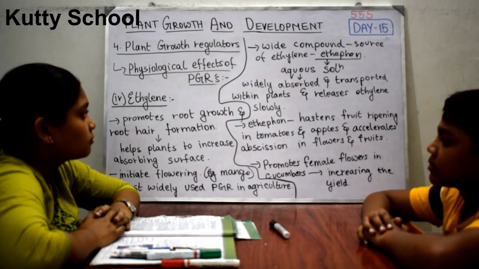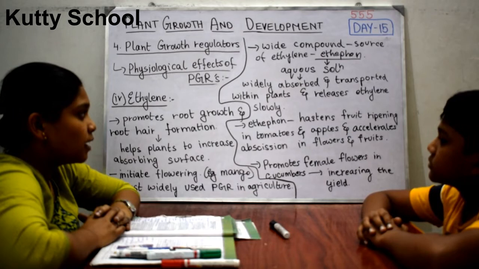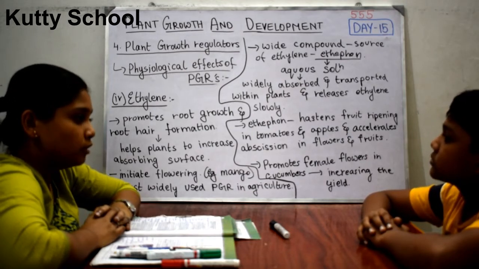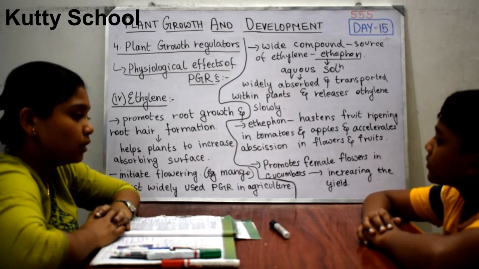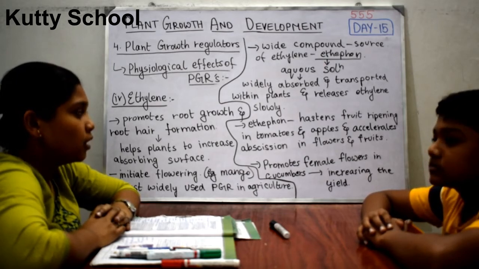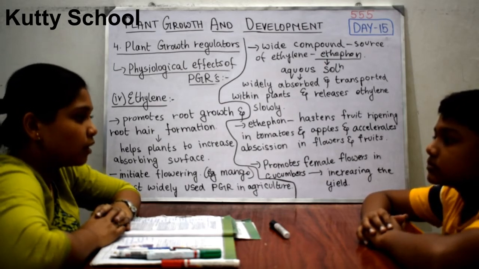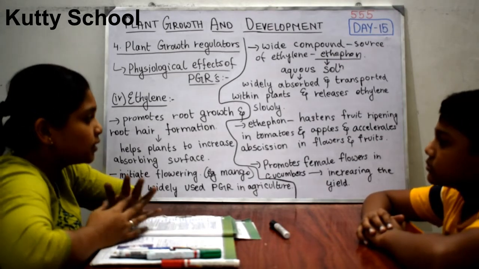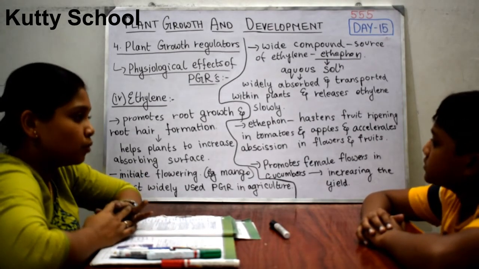It is widely absorbed and transported within the plants and releases ethylene slowly. After going into the plants, ethephon releases ethylene slowly.